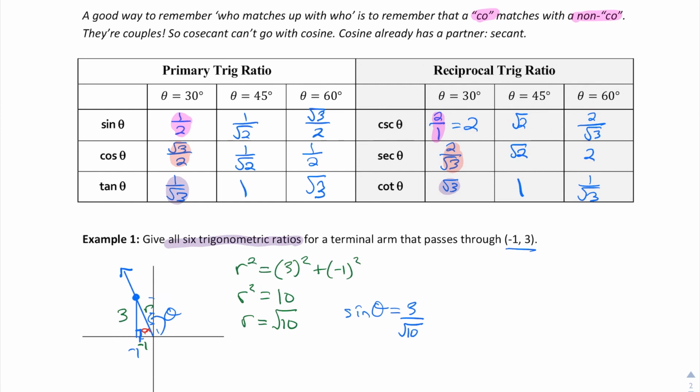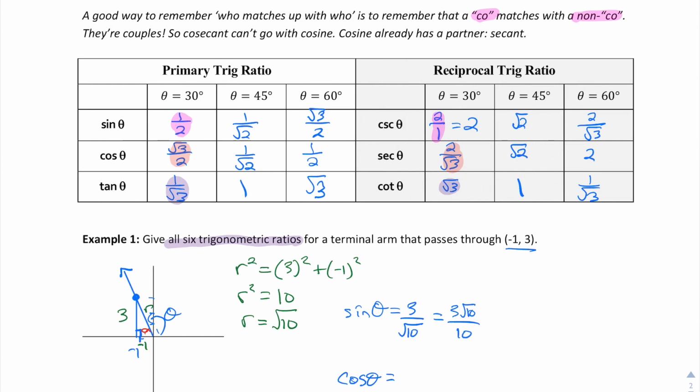I'm going to rationalize the denominator in this case. So I'm going to multiply the top and bottom by root 10, so I end up with 3 root 10 over 10. So there's that trig ratio. They're not asking us to find theta, so we don't have to take another step. We're just getting the ratios.